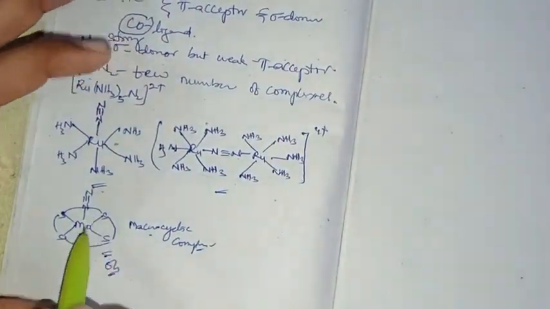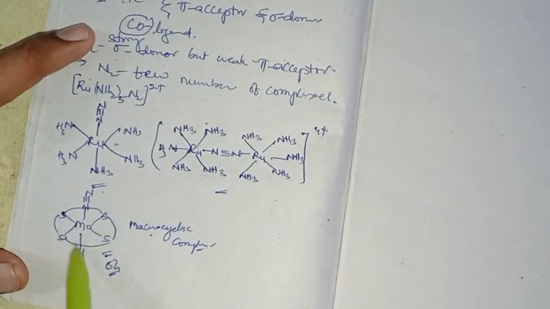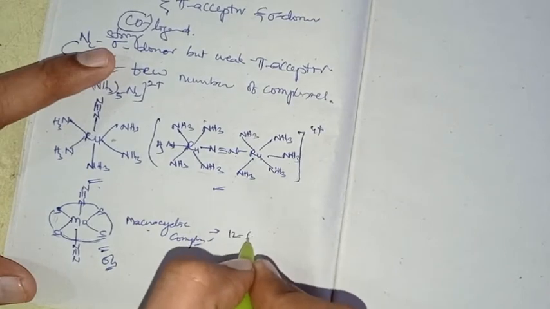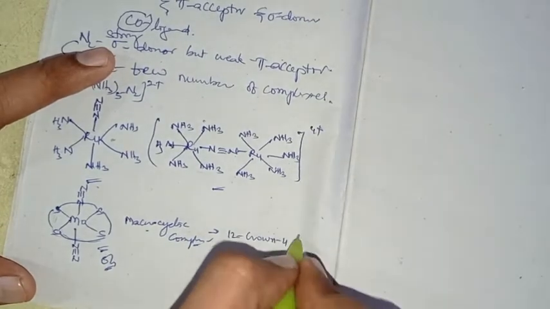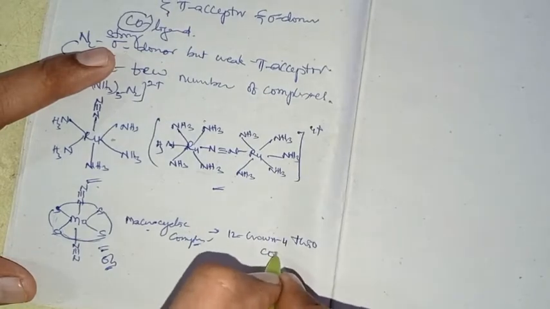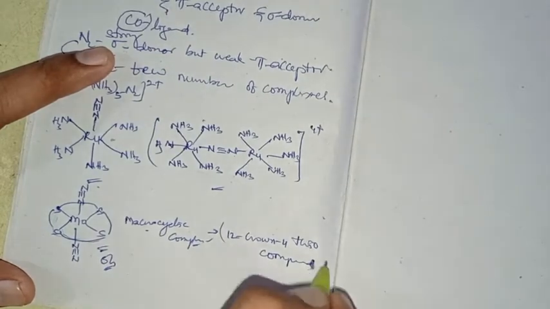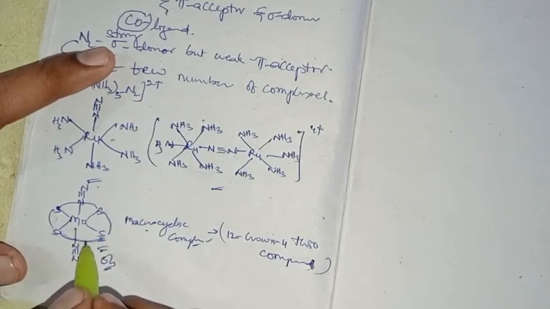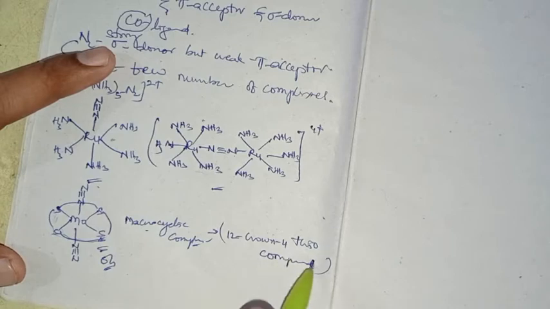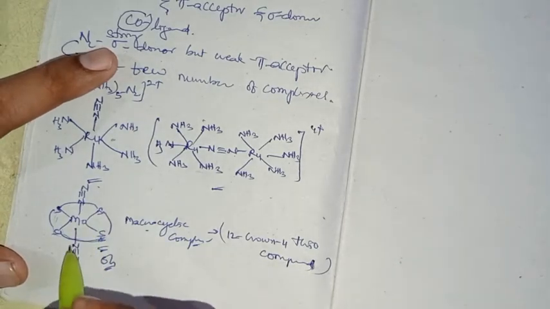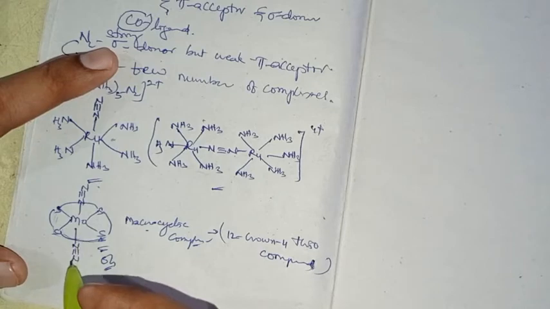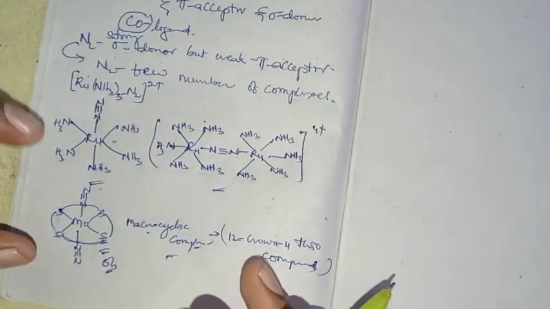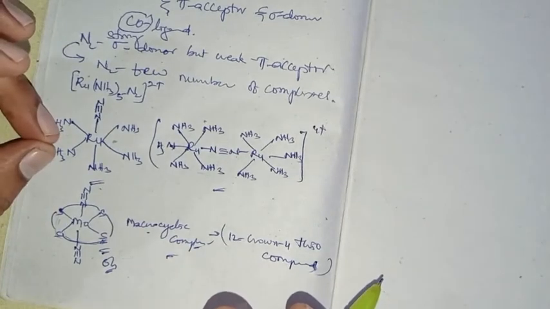Here it is a 12-crown-4 thio compound, the ligand occupying the 4 sites in the molybdenum complex, and at the other 2 sites of the octahedral molybdenum complex, 2 nitrogen moieties are bound. That's how the molybdenum dinitrogen complex exists.